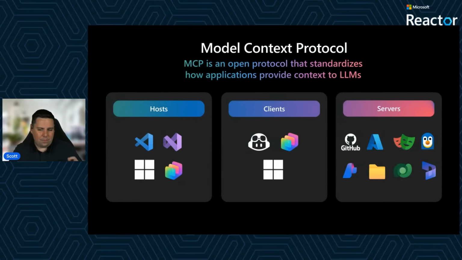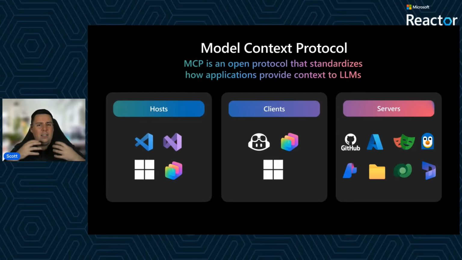Now, I mentioned MCP a couple of times. We're not going to go super deep into the low-level intricacies of MCP, but I think there are some very important notes to have here. MCP, or Model Context Protocol, gives us a way to plug in different tools. For those that have used MCP, you probably know a lot of this, but I think it's important to differentiate what we mean when we talk about clients and servers and, to a degree, hosts.